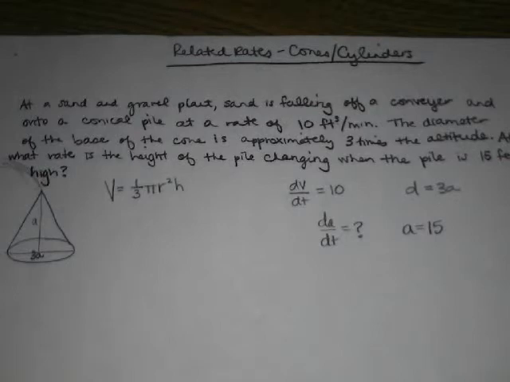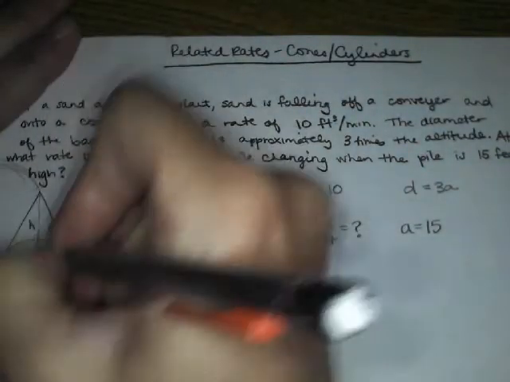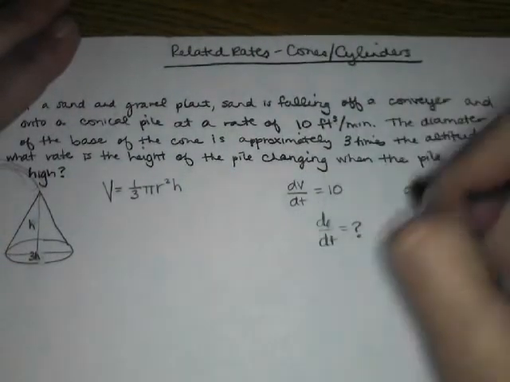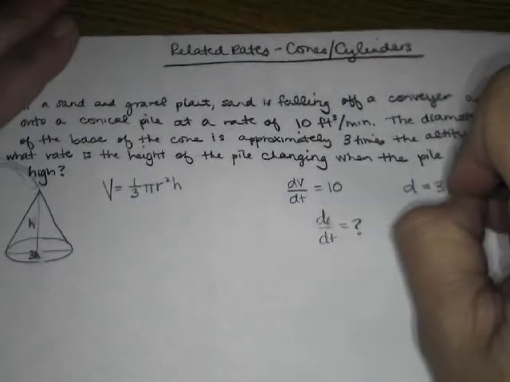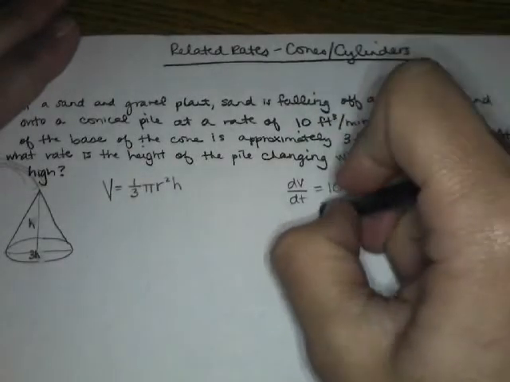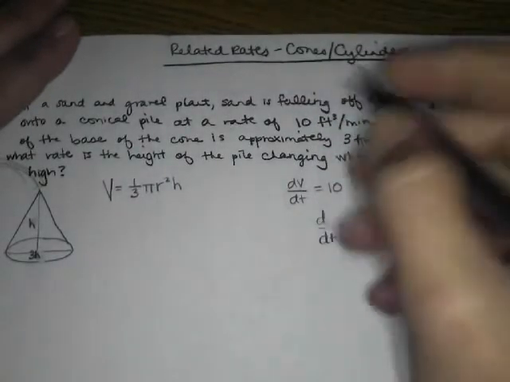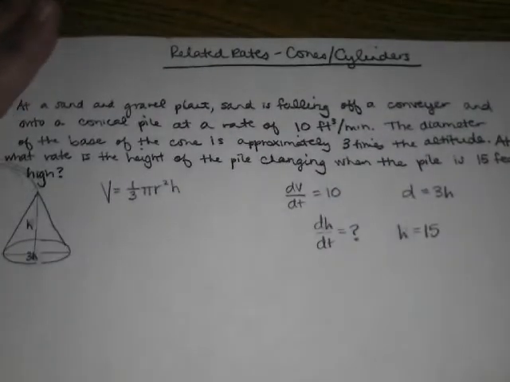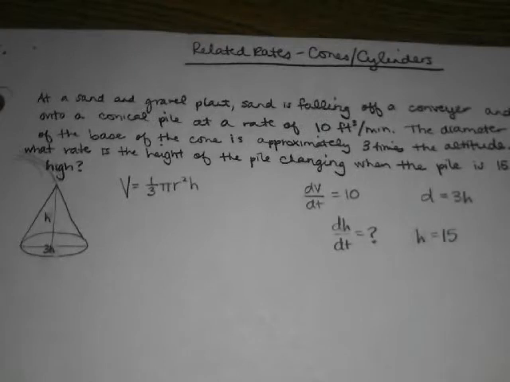And actually, do we want to go back and make our A an H? Let's just do it. They called it altitude at first, then it was H. There. Now it's consistent.